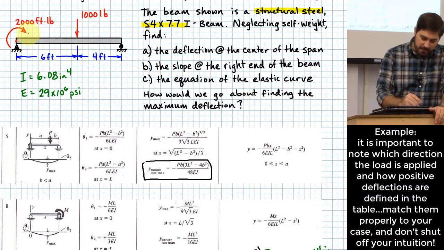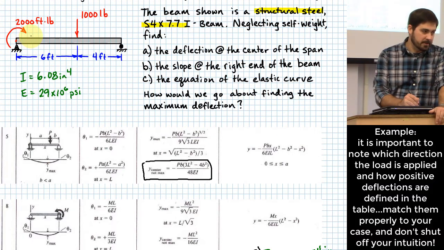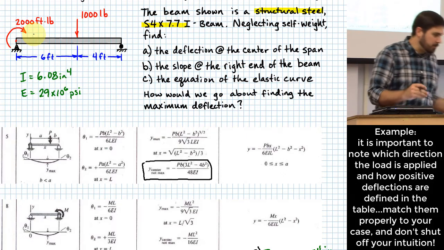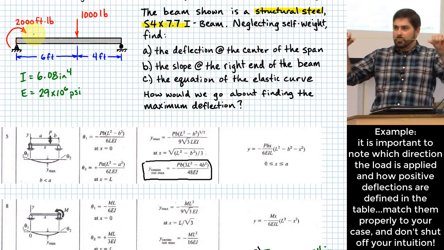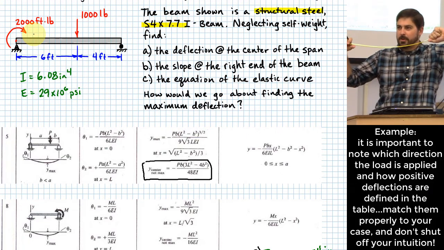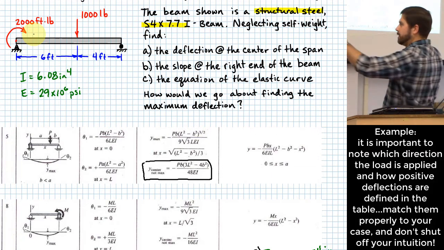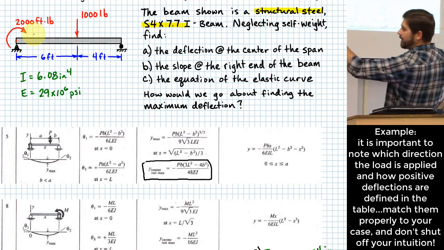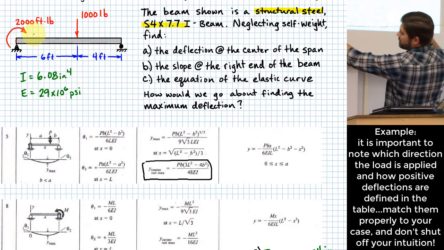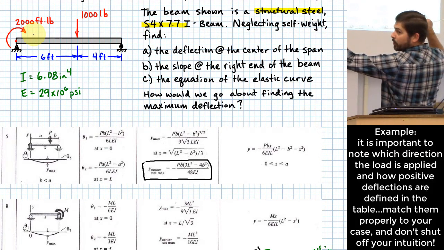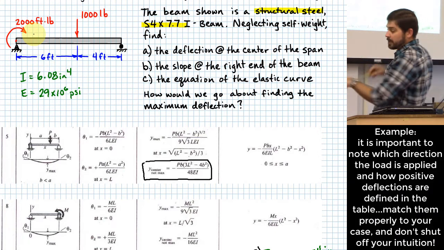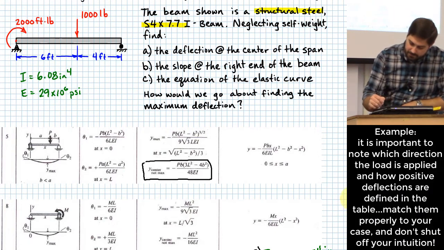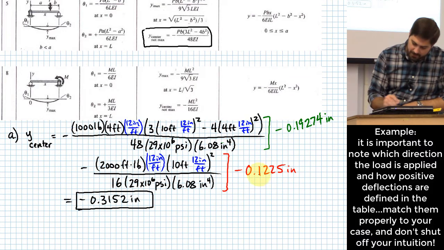With my 2,000 foot-pounds clockwise here, if you think about a beam where you're applying a 2,000 foot-pound clockwise moment, right? I'll set it up the same way as you guys are looking at it. A clockwise moment over here makes the middle deflect what direction? Downward. So it's a good thing that my number came out to be negative, right?